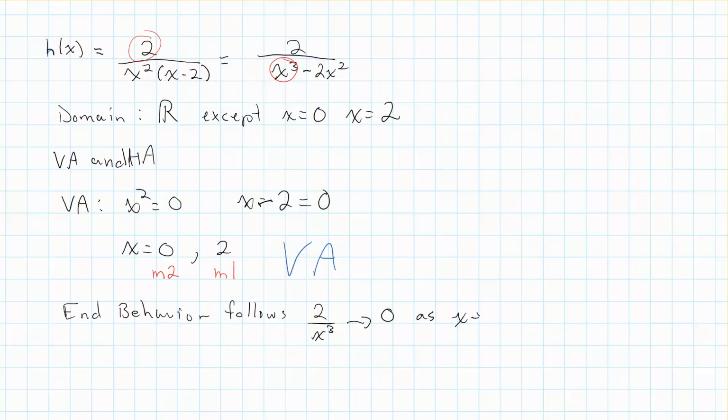So we get y equals 0 as a horizontal asymptote.